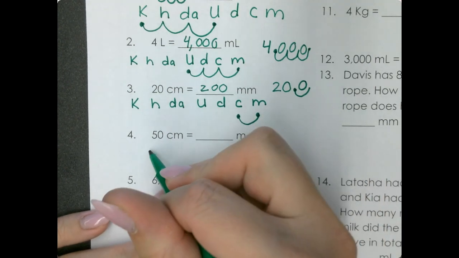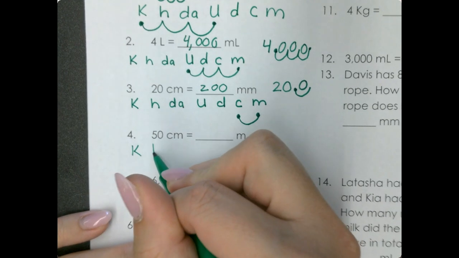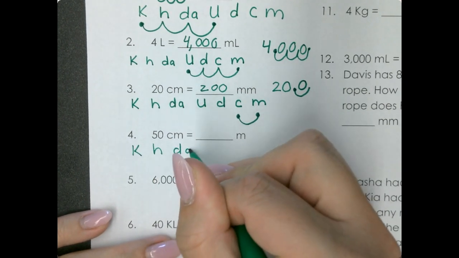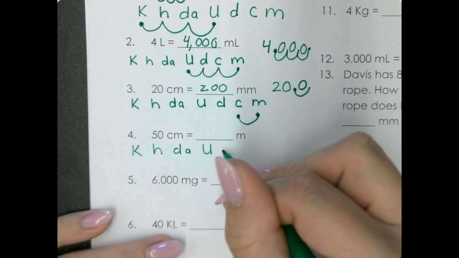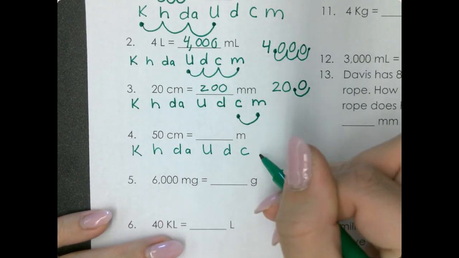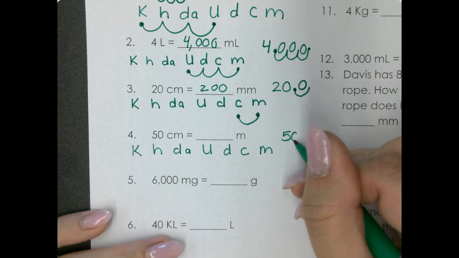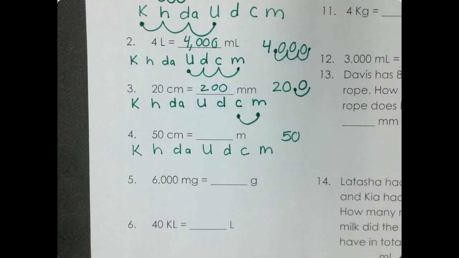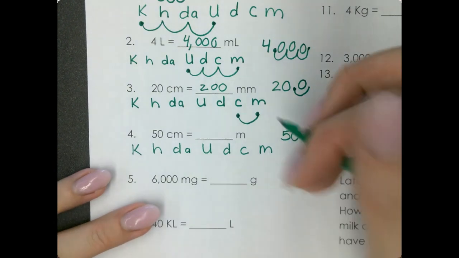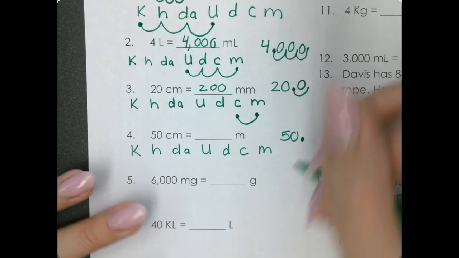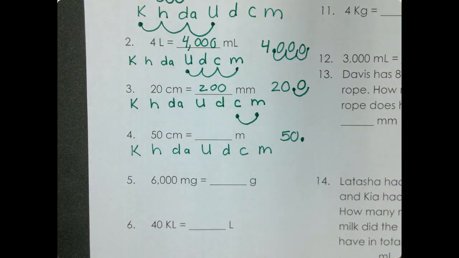Okay, next one. King Henry died unusually drinking chocolate milk. We have a 50. Where does our decimal go? Behind the 0, right? Okay, where are we starting? Where are we going? JJ, you were right.